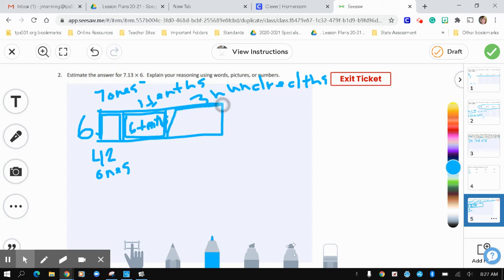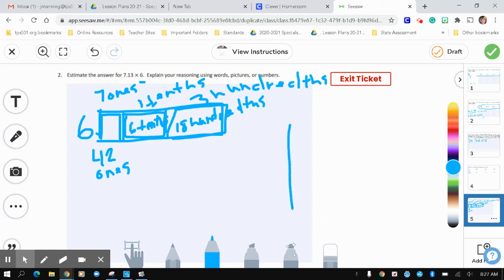Then we're going to focus on our next square here. It has a height of 6 and a length of 3. So that would give me 18 hundredths. And remember, that's hundredths. So then we end up with a unit form for all of those, and we can go ahead and add those.